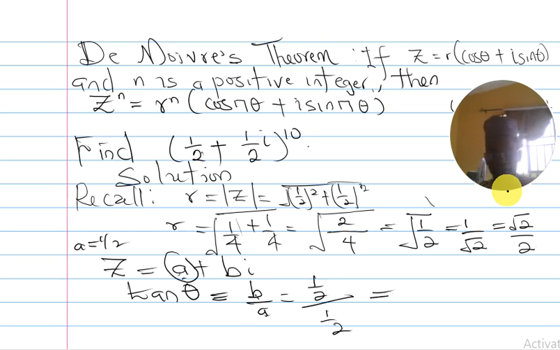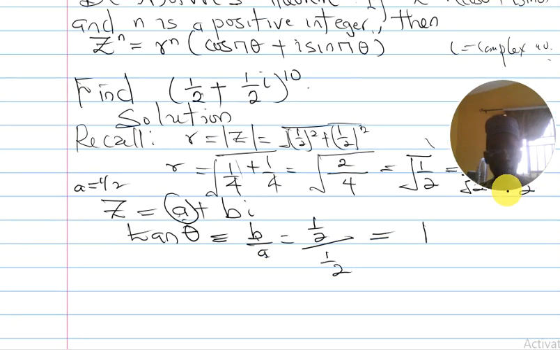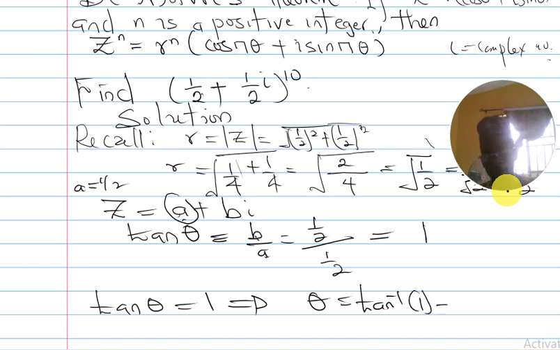Now dividing everything by 1/2, everything is 1. So tan theta is equal to 1. Theta is tan inverse of 1, which is equal to 45 degrees, that is equivalent to pi over 4. Take note.